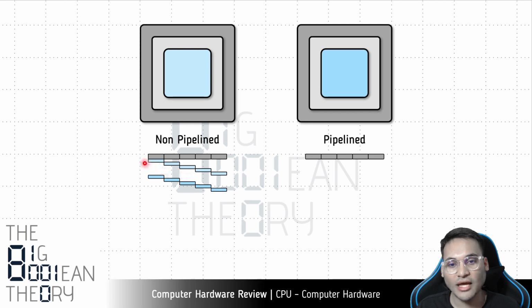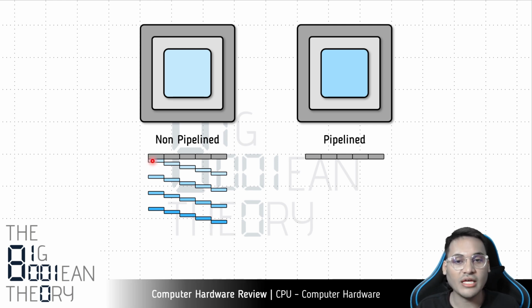As time progresses, different stages get executed, and after the first instruction is executed after 5 stages, the second instruction comes into the picture. Here I am assuming that each stage takes the same amount of time, but that need not be the case in real life. After the second instruction is done, the third comes in, and then the fourth. There are 4 instructions and 5 stages, so it takes 20 units of time to execute these 4 instructions on a non-pipelined simple CPU.